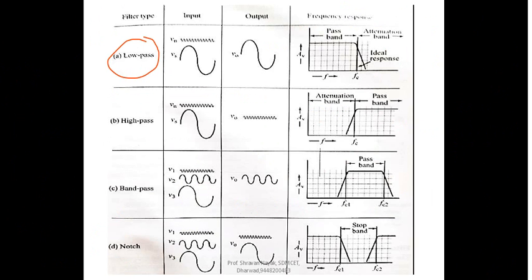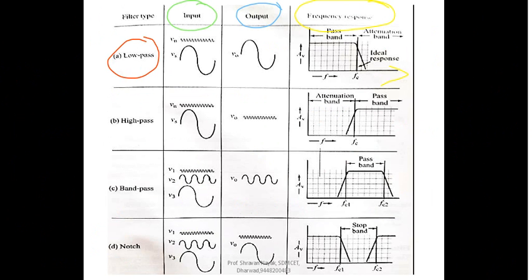In the second column we have the input signal, in the third column we have the output signal, and in the last column we have the frequency response.